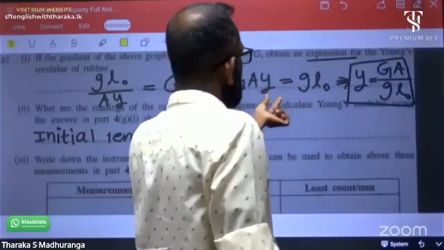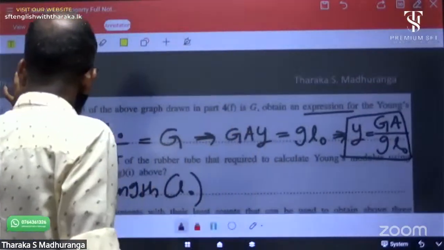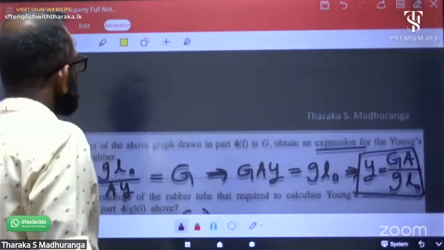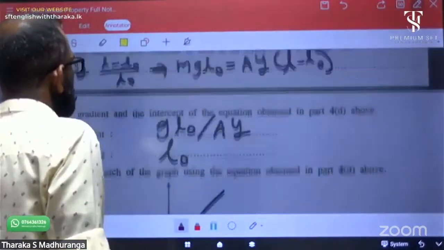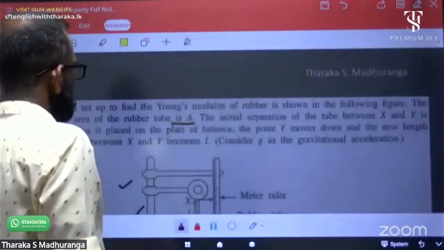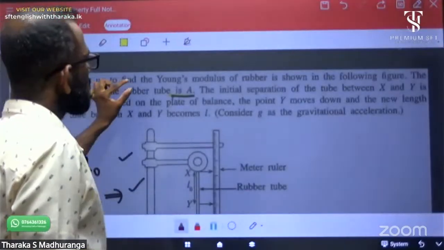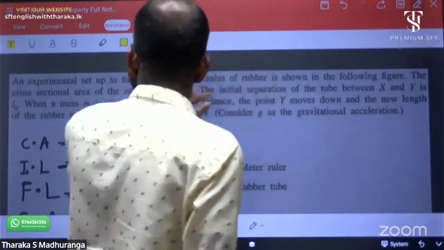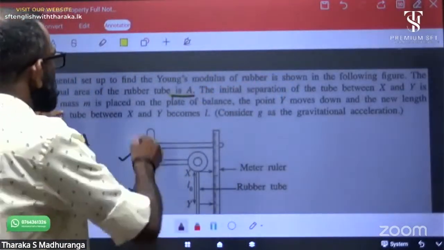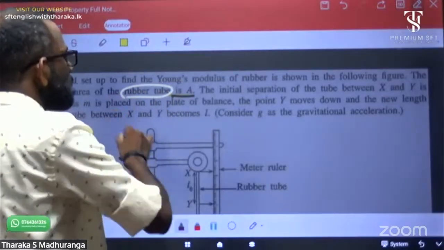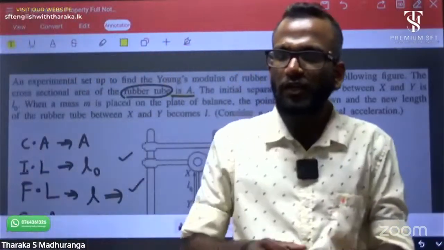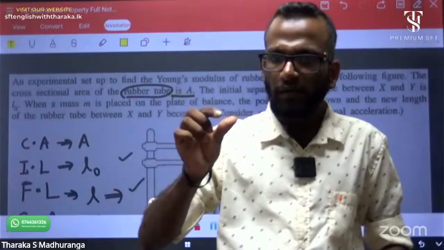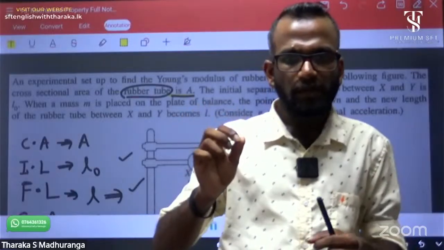Now it is a rubber tube. You have to think, what is the shape of this? What's the meaning of rubber tube?